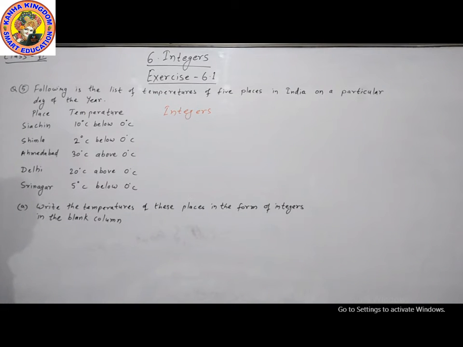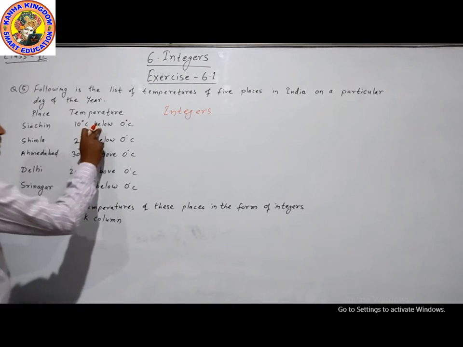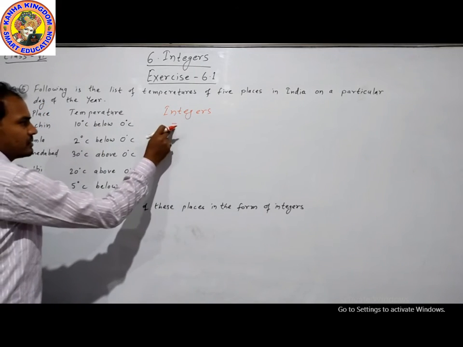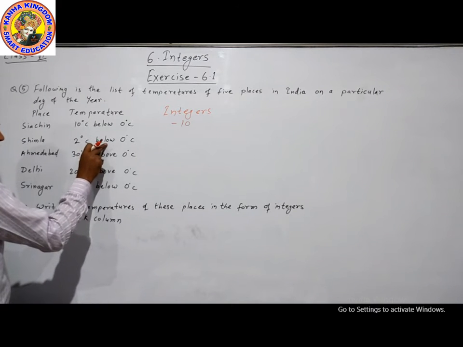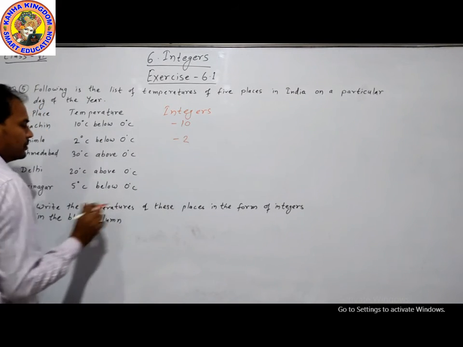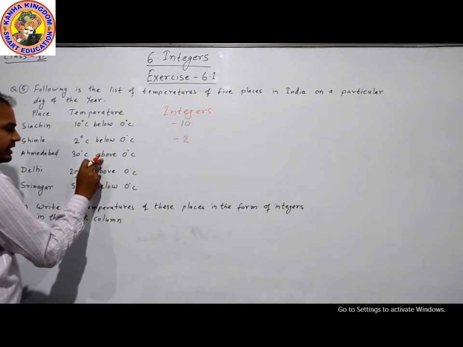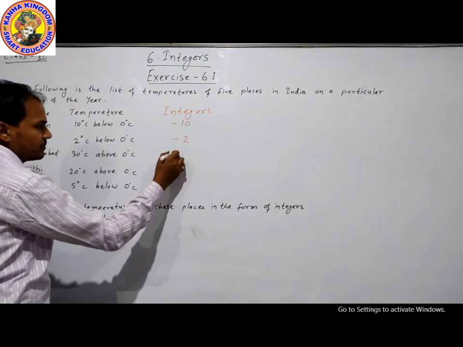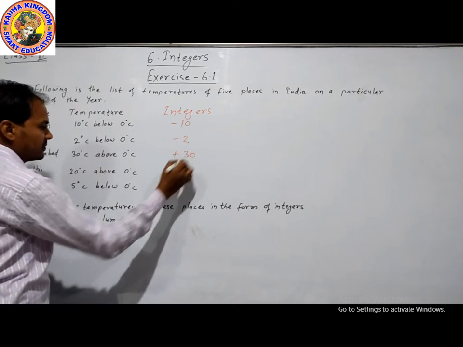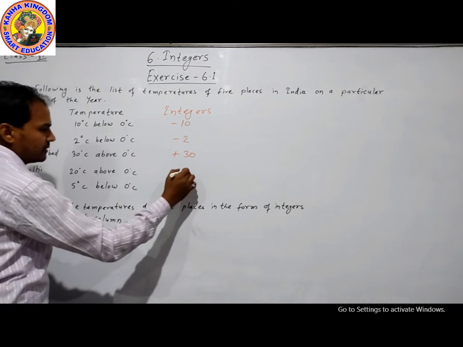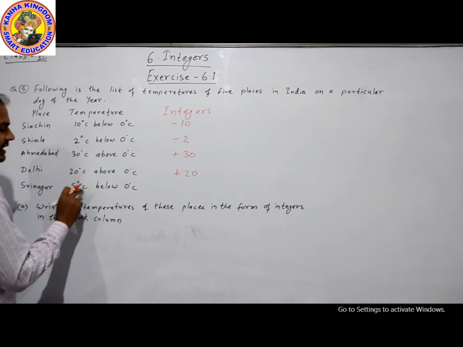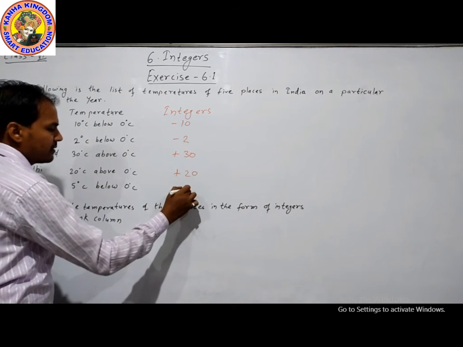Now we will denote the integers with the appropriate sign of plus and minus. Below means minus, so minus 10. Below, minus 2. 30 degrees above means plus 30. 20 degrees above means plus 20. 5 degrees below means minus 5.